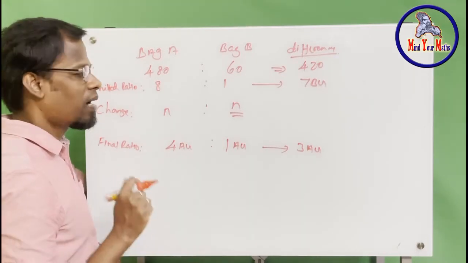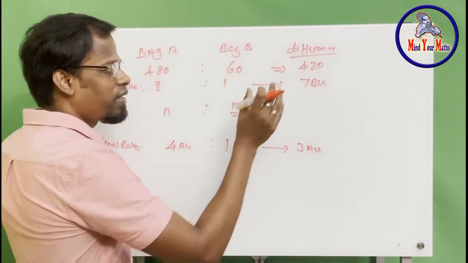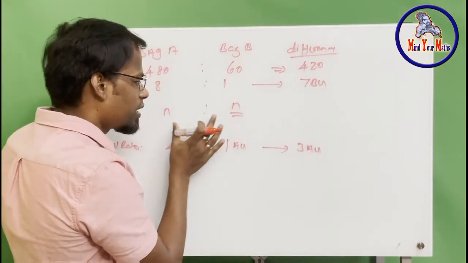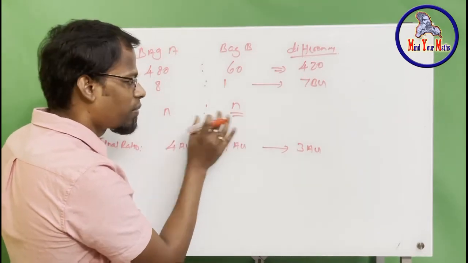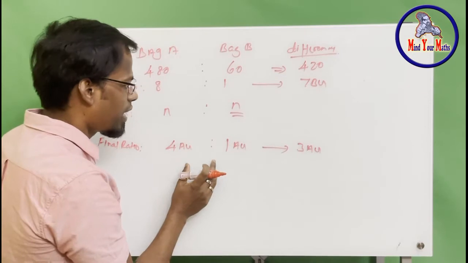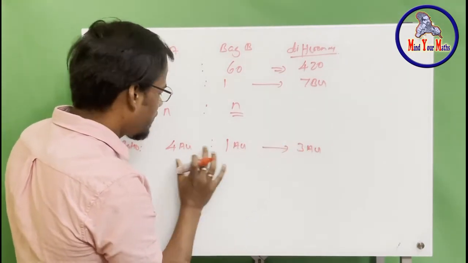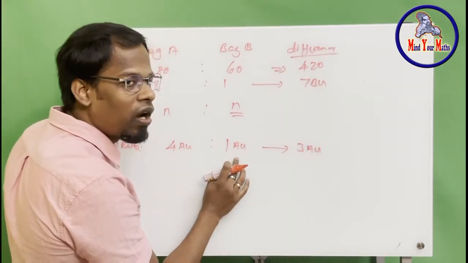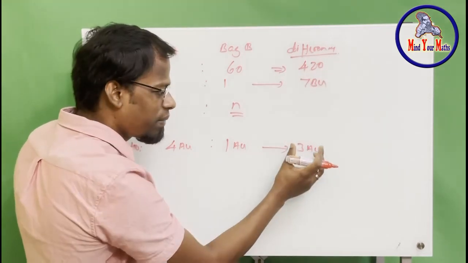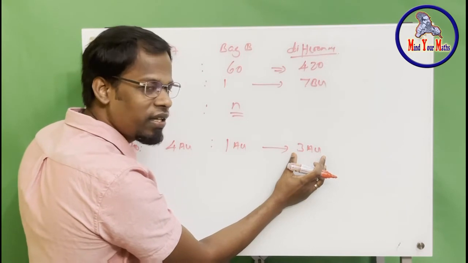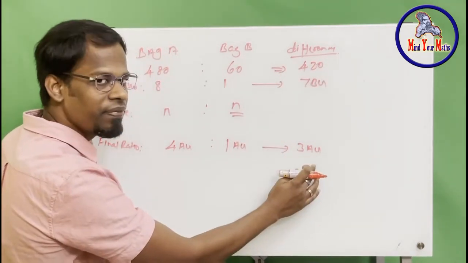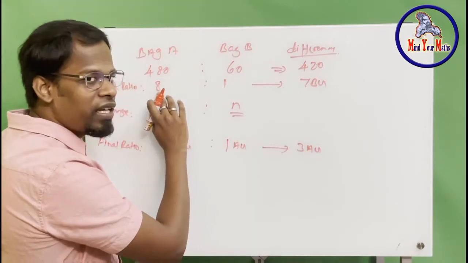So this 420 will always be constant, because only a constant number of marbles were added on both sides. The difference between these two will always be 420. What it means is that these 3 units equal 420.